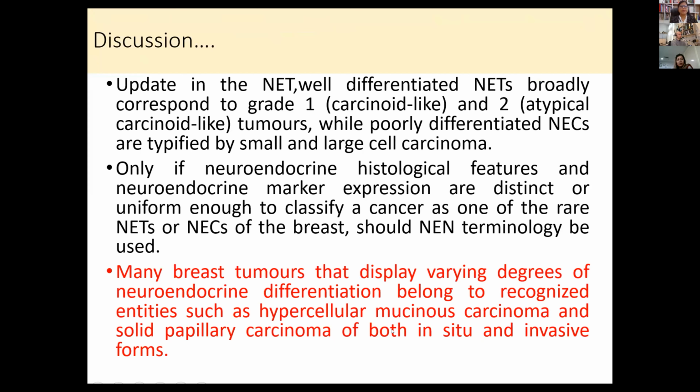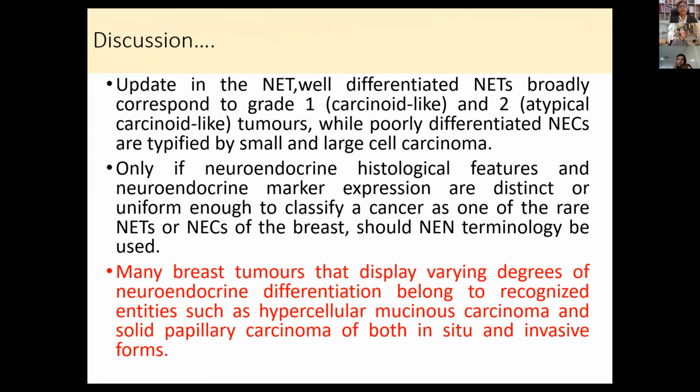And the update in neuroendocrine tumors: well differentiated neuroendocrine tumors broadly correspond to grade 1. Grade 1 are carcinoid-like, and these tumors are benign in behavior, and grade 2, atypical carcinoid-like, have intermediate behavior, and poorly differentiated neuroendocrine carcinomas are typed as small cell or large cell carcinomas.